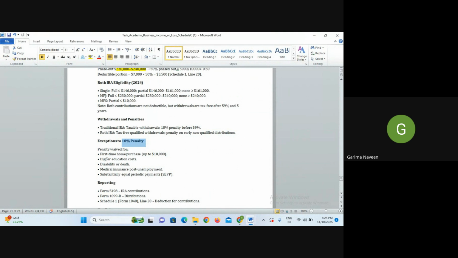Okay, so if you are withdrawing for any home purchase, first-time home purchase up to $10,000, if you are withdrawing for paying any higher education cost, for any disability or in case of death, medical insurance post unemployment, and substantially equal periodic payment. So if you are withdrawing for these purposes, then there will be no 10% penalty. Okay.